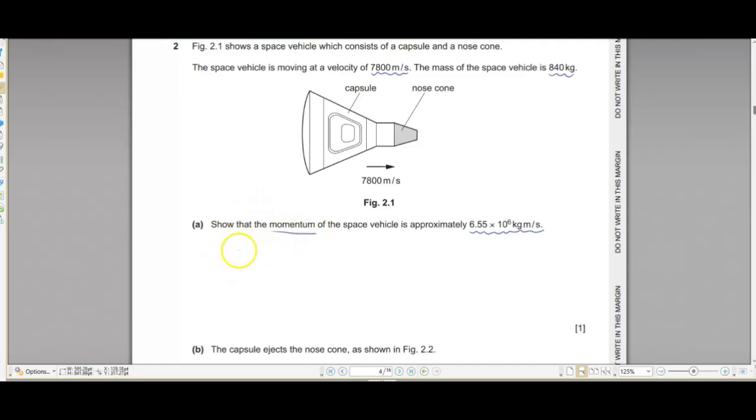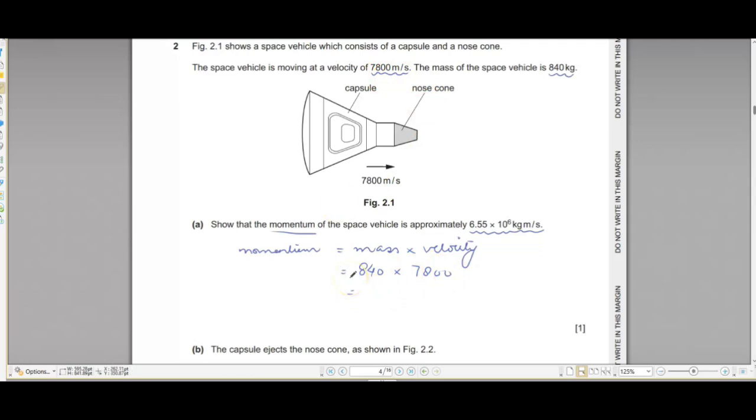So we know that the formula for momentum is mass into velocity. We have been provided with the mass, which is 840 kg, and we have been given the velocity, which is 7,800 meters per second.